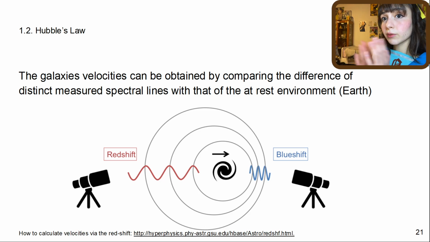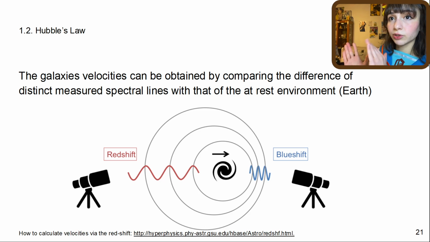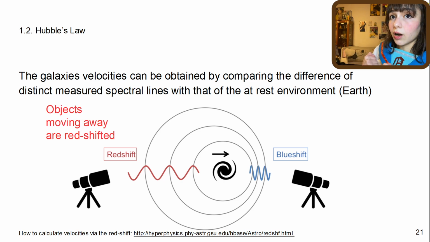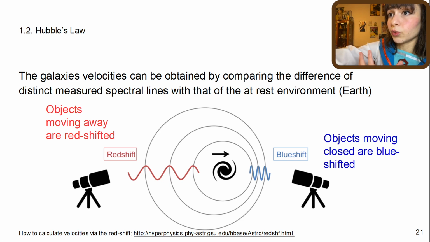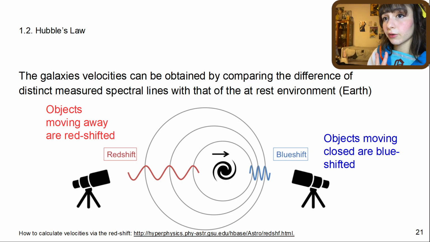And from this you can compute something that is called the redshift. So how much is it shifted from what you measure on Earth? And objects that are moving far away are going to be redshifted, meaning that the frequency will be lower, and objects that are moving closer are blue shifted, meaning that the frequency is going to be higher.